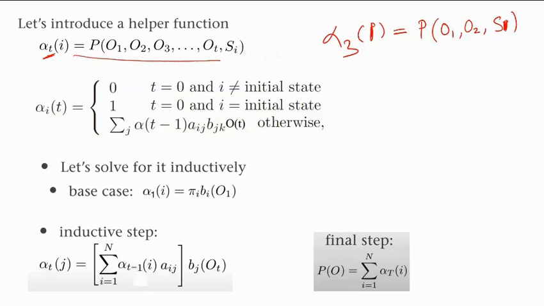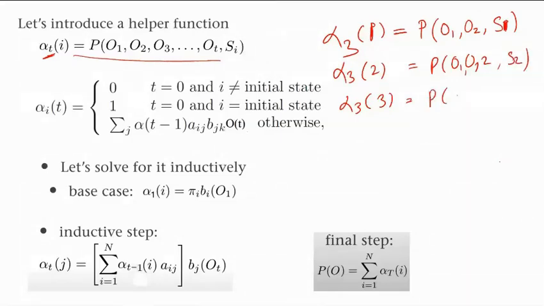Suppose there are 3 such states with me: alpha 3,1, alpha 3,2, alpha 3,3. So I have 3 probabilities. What do they stand for?